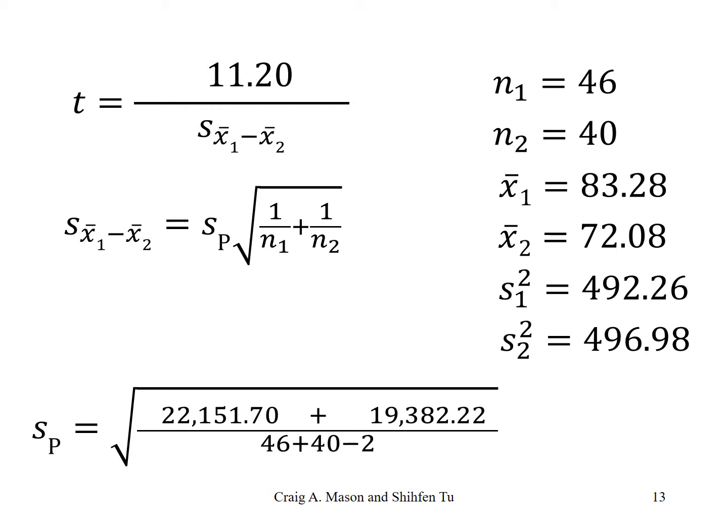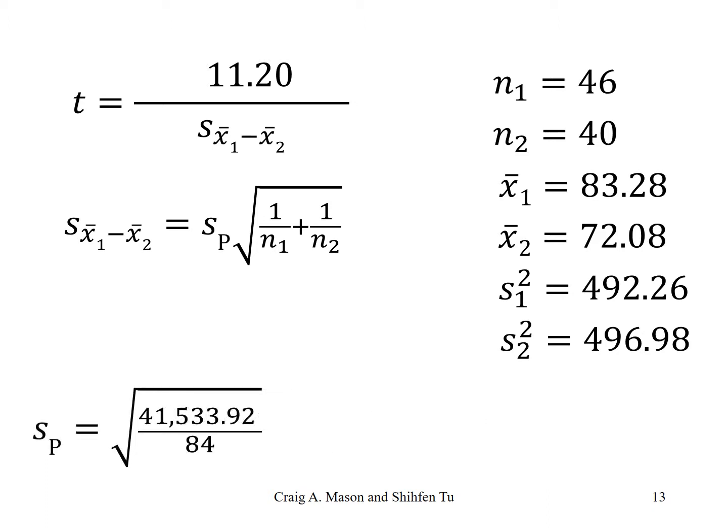In the denominator, 46 plus 40 minus 2 is 84. Now, going back to the numerator, adding that up, we get 41,533.92 divided by 84, which is 494.45, rounded to 2 decimal places. So the pooled standard deviation is the square root of 494.45.